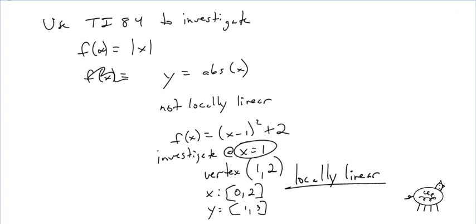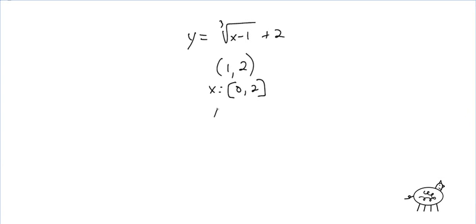Let's do another function here on the TI, and let's do y is equal to the cube root of x minus 1, plus 2. Really you've got your same critical point here. Do you guys agree that we're going to deal with 1, 2? So actually I can use my same window. My x window is going to be between 0 and 2, and my y window between 1 and 3.